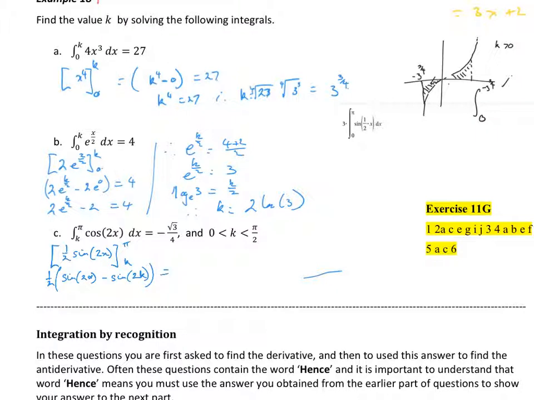And that has to equal negative root 3 on 4. Multiplied by 2 across. So I get in the brackets sine of 2 pi, which is 0, minus sine 2k, and that's equal to 2 root 3 on 4, which is root 3 on 2.